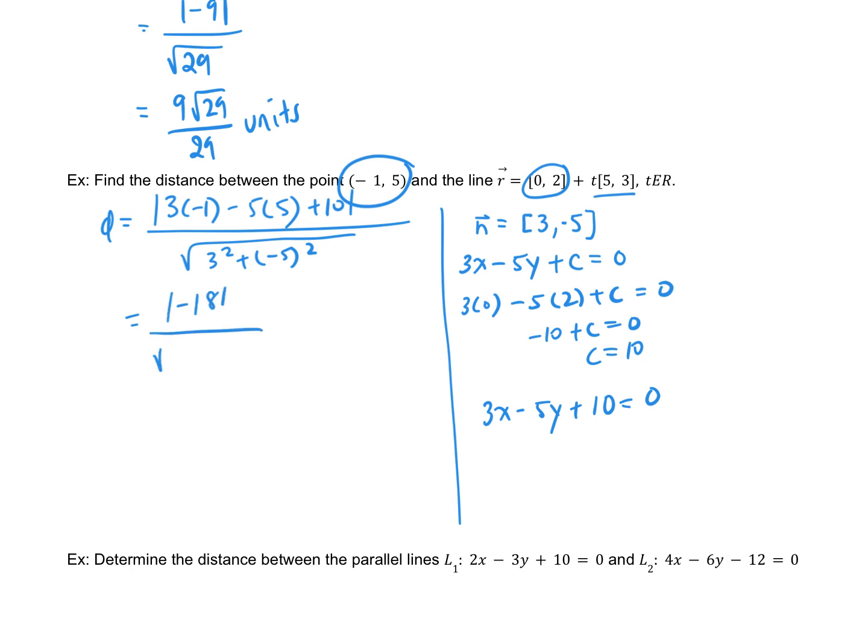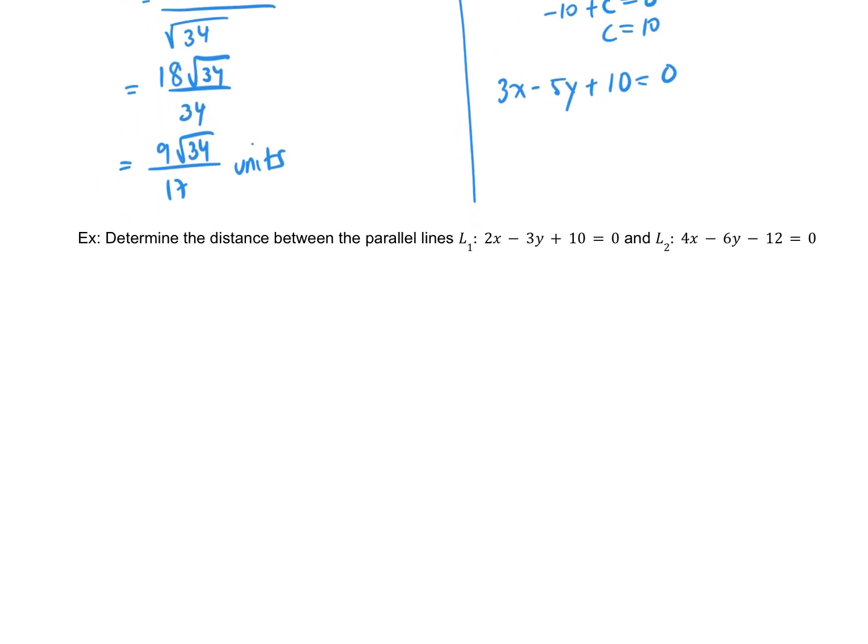And then we have 9 plus 25, so the square root of 34. So the absolute value is 18, and I'm going to rationalize at the same time. And in this case, I can go further because 18 over 34 can be reduced to 9 over 17. And there we are. There's our exact distance. So for this question, we had to work for that Cartesian equation first.